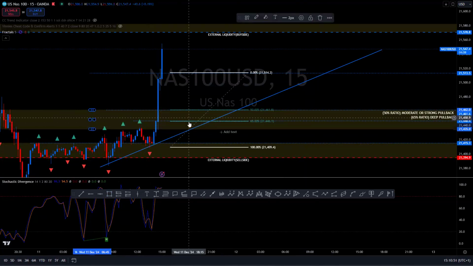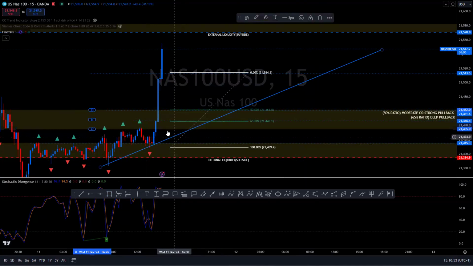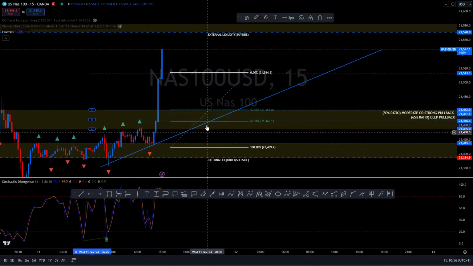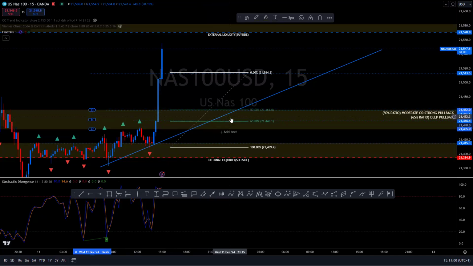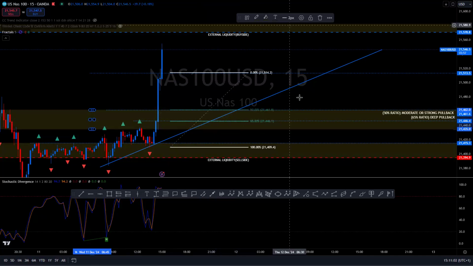Price would more likely do a liquidity sweep, maybe from this low, and then we'll wait for it to be done with the liquidity sweep, come back down, test this area around here, and then push on that.